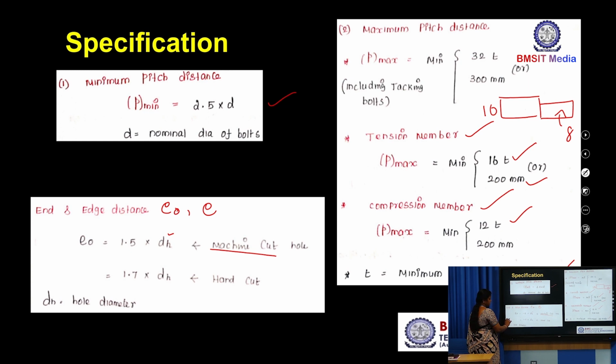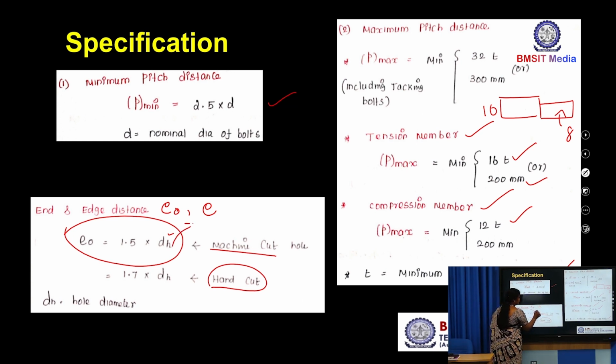This is minimum only, not maximum. If you are using hand cut, it is 1.7 times DH. Always consider 1.5 times DH while solving the problem. If it is not mentioned in the question, we take E naught equal to 1.5 times the diameter of the hole, DH or D naught also. Some textbooks use D naught instead of DH.